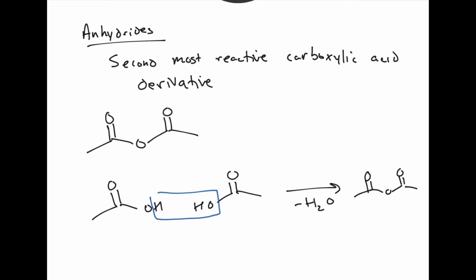So anhydrides get classified like ethers. Remember ethers, you had symmetrical and asymmetric ethers? Anhydrides are similar.